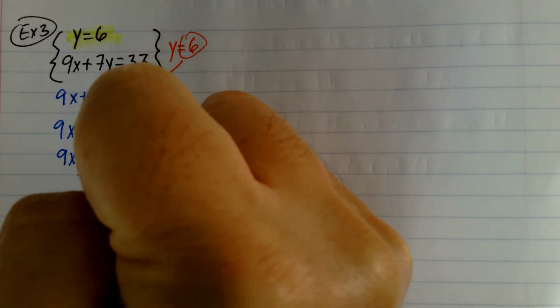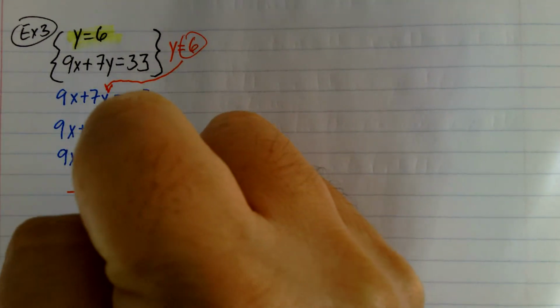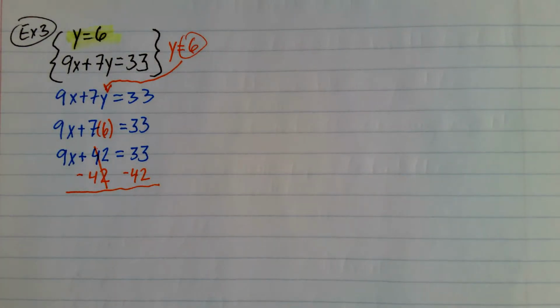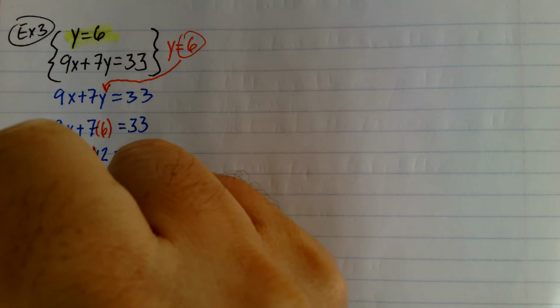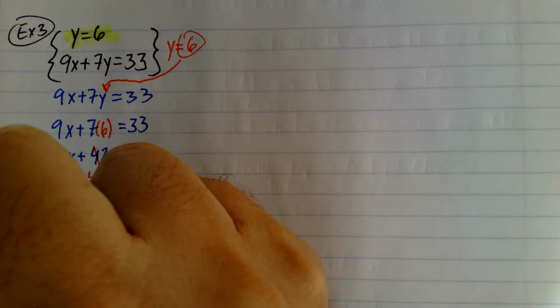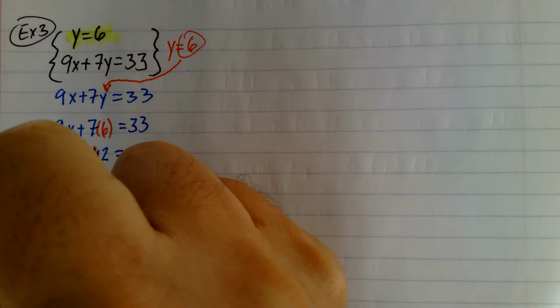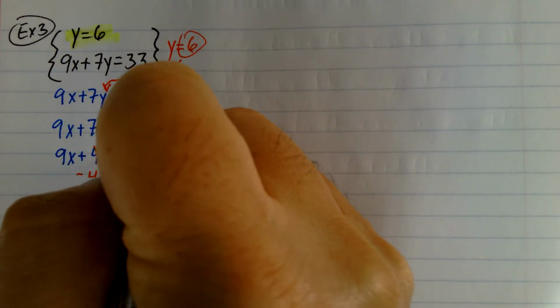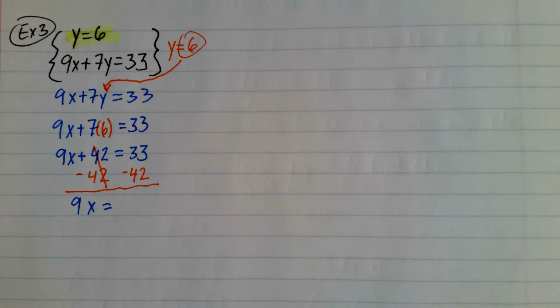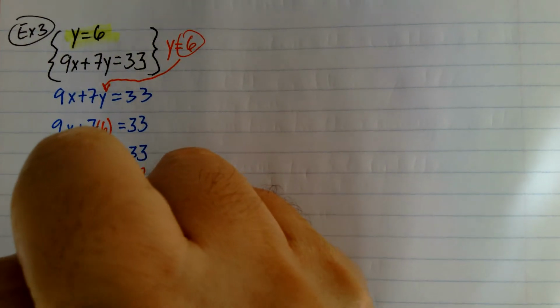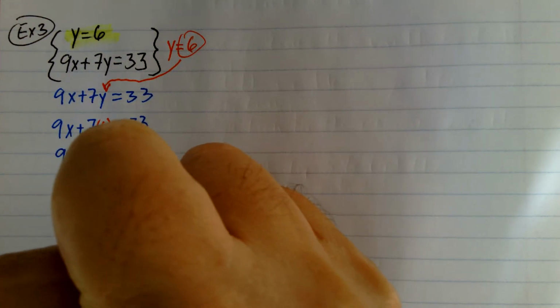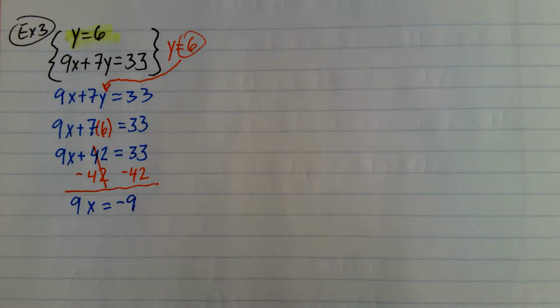I would get rid of this 42 with a negative 42. Cancel out. And then I get 9x equals 33 minus 42, or plus negative 42, which is negative 9.